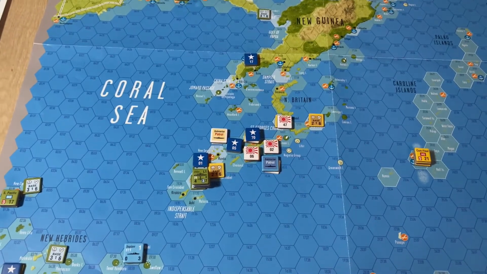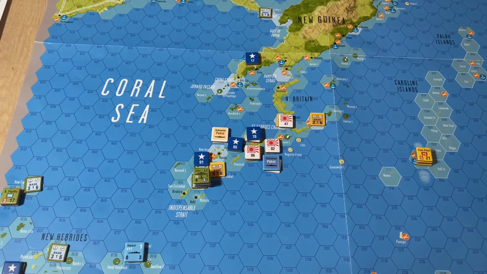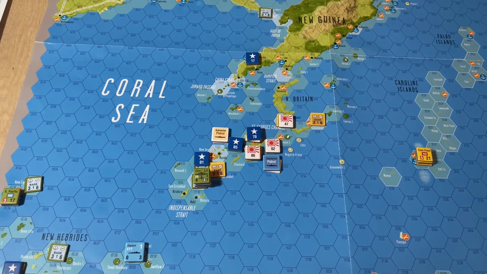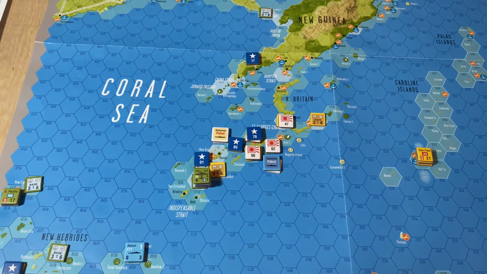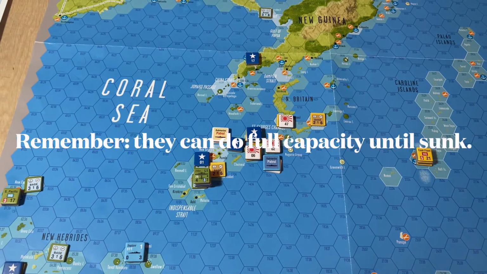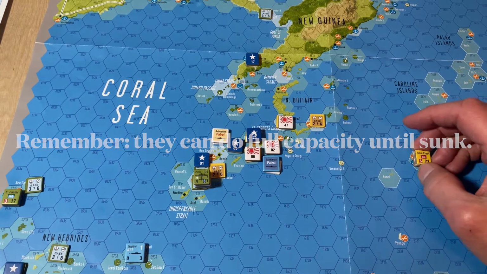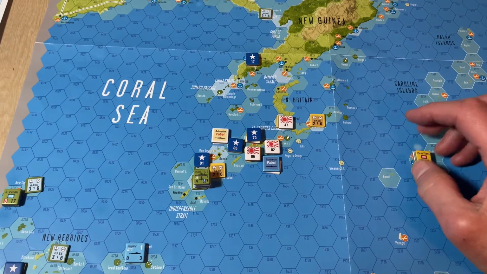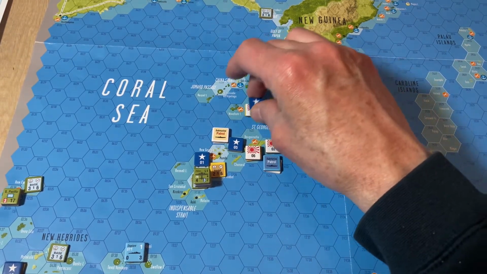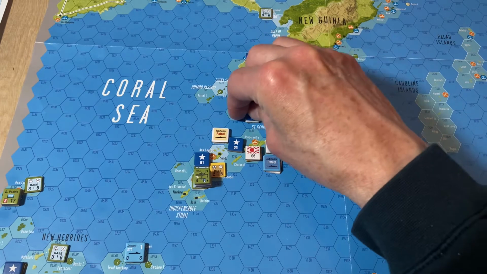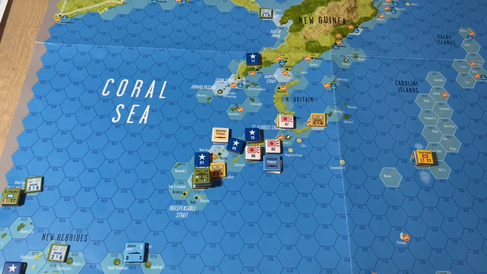I am down to 3 hits on my amphibious ship counter, and that could be dicey if I'm going to need to make sure that lasts through this amphibious incursion into Bougainville. I did get a foothold in Bougainville, but it's basically deadlocked here.